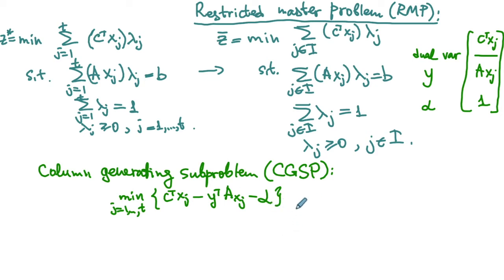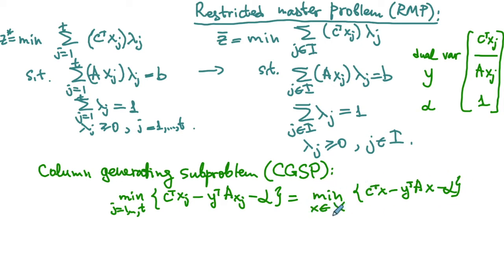So we can equivalently reformulate this problem as a linear program of minimizing c transposed times x minus y transposed times Ax minus alpha over the set X, right? Because we are looking for the best extreme point of the set X with respect to this objective, which is equivalent to this linear program right here.